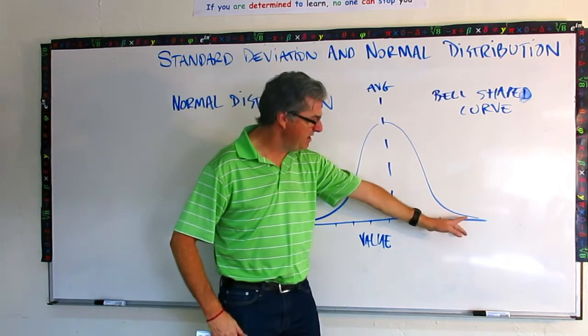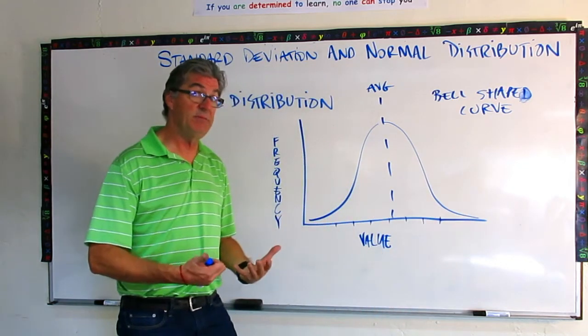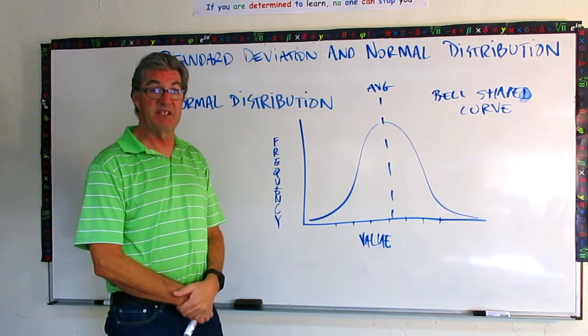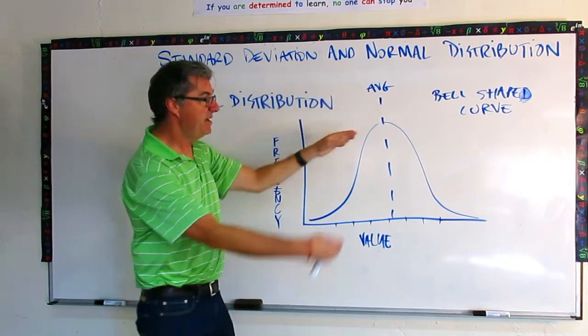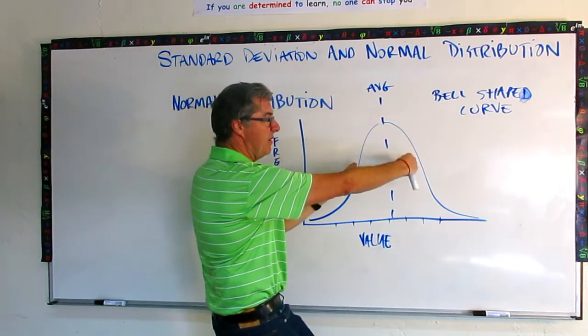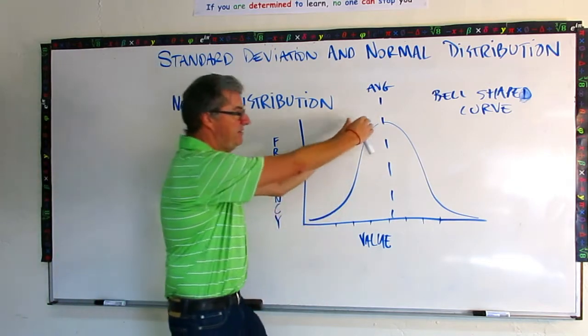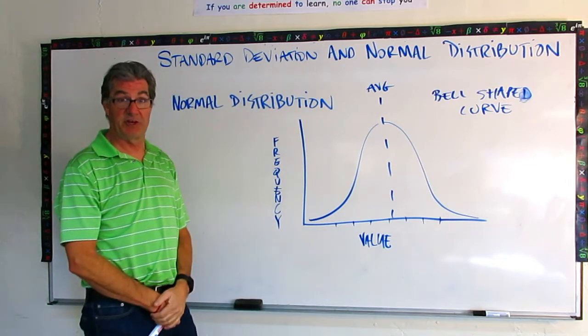So way out here, this might be 80 heads, 20 tails. Not terribly likely, so it's going to show up fewer times on our frequency diagram. Okay? So the average is at the peak. And then as we get values that are further and further away from the expected value, the graph is going to fall off. The frequency is going to decrease.